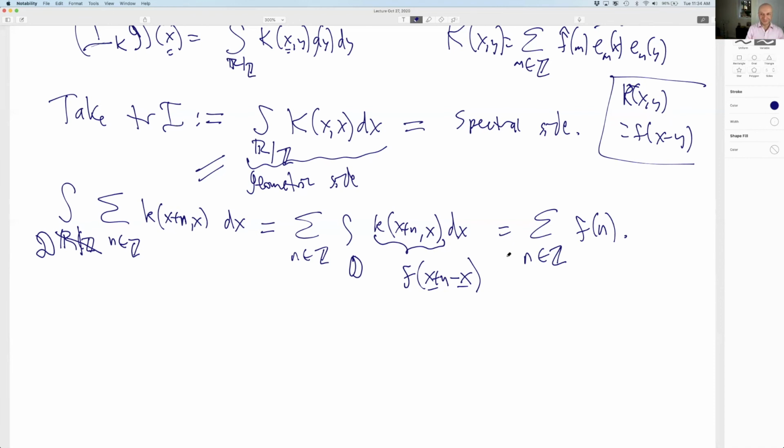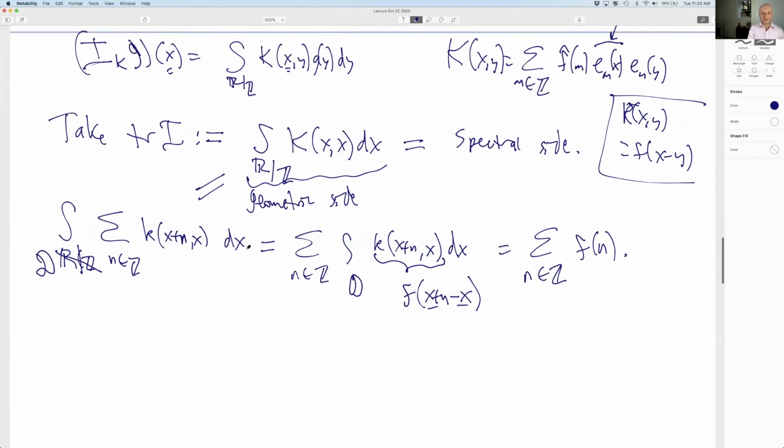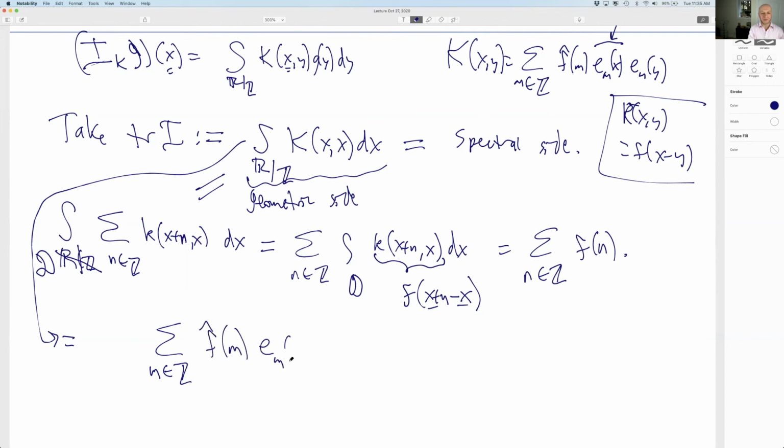On the other hand, we're going to use the spectral expansion. On the other hand, this is also equal to, so now let's do the spectral side. K of xx is a sum over integers m of f hat of m, e_m of x, e_m bar of y. But y is equal to x. And I integrate this, so that's k of xx.